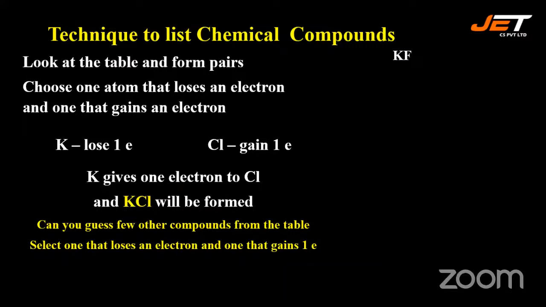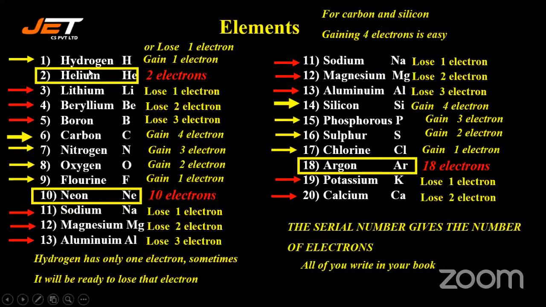Nobody asked me this question. Ma'am, you told me that hydrogen in most cases will lose one electron. But if it gains one electron, it will become helium, which is an inert gas. Why is this happening? I'm repeating the question once again. Hydrogen has a tendency to either gain or lose one electron.